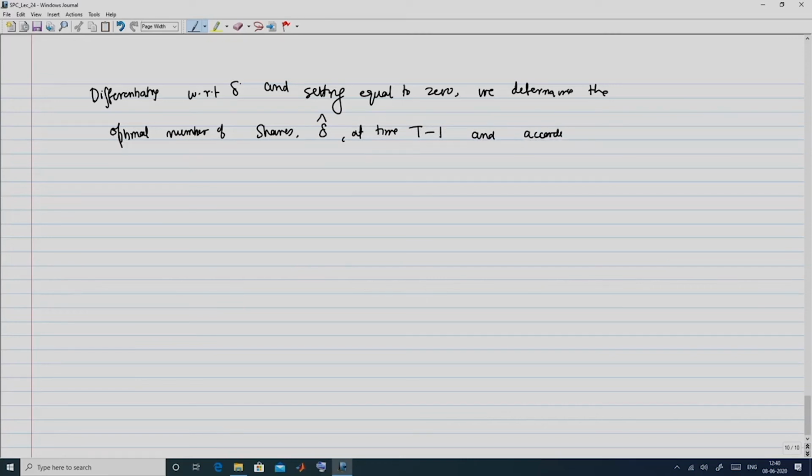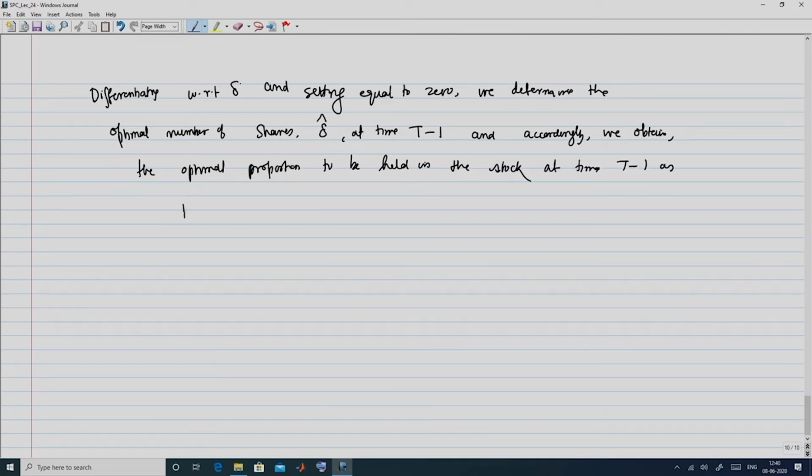Accordingly, we obtain the optimal weight or proportion to be held in the stock at time capital T minus 1 as pi hat.